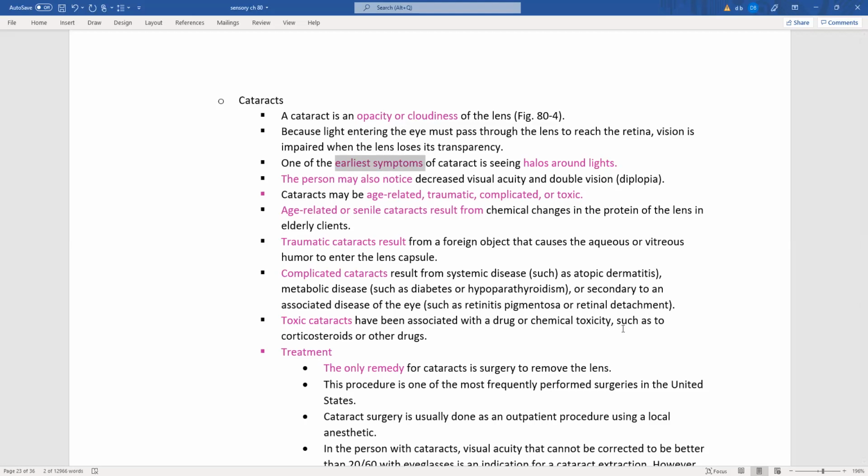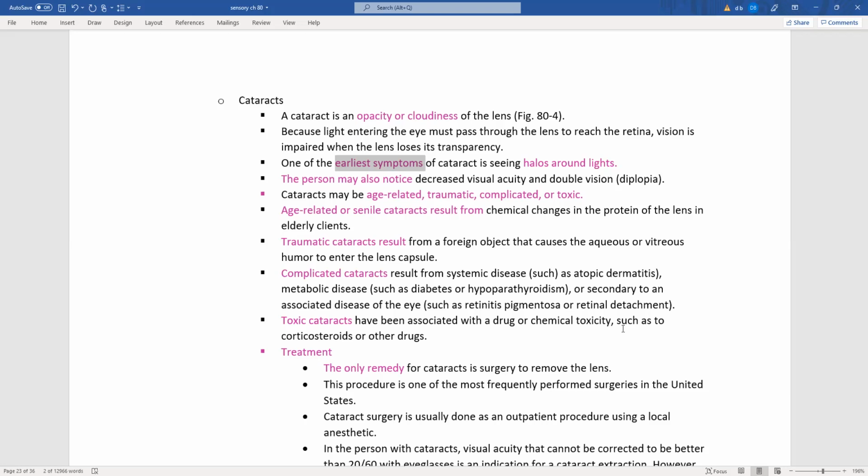Age related or senile cataracts result from chemical changes in the protein of the lens in elderly adults. Traumatic cataracts result from a foreign object that can cause the aqueous or vitreous humor to enter the lens capsule.